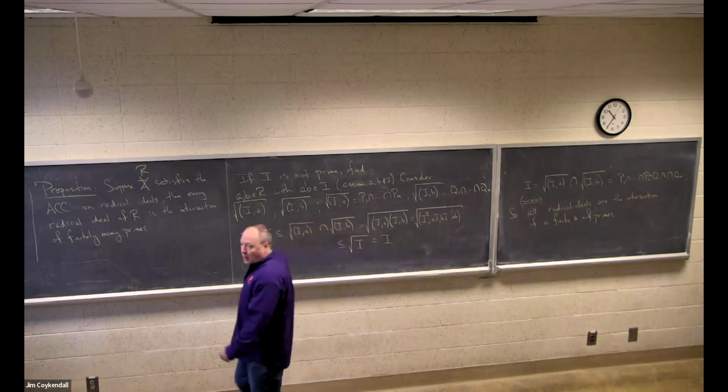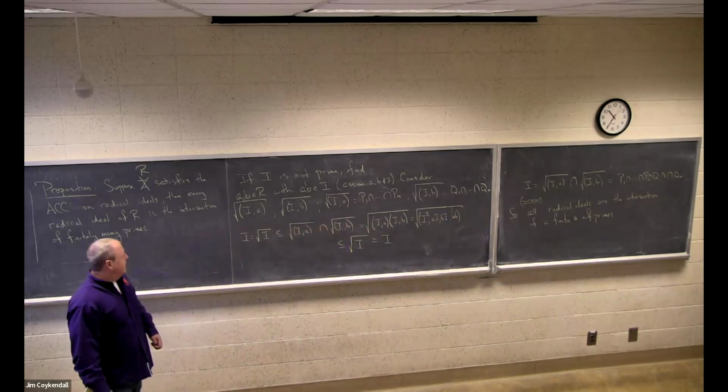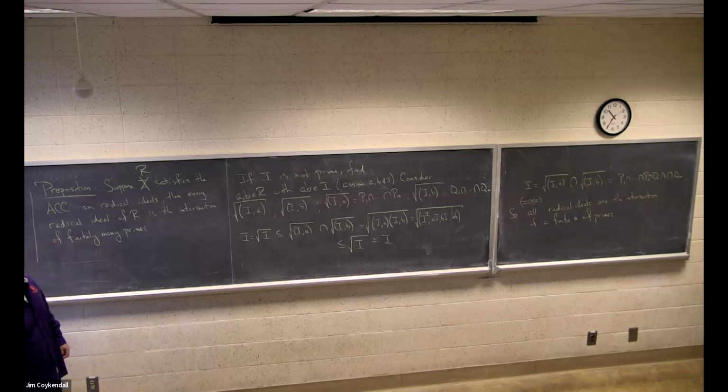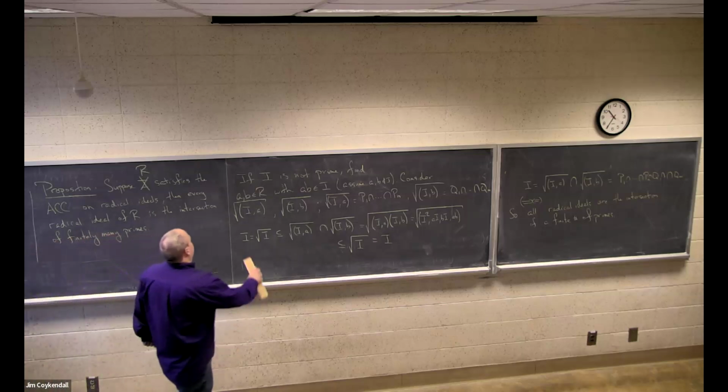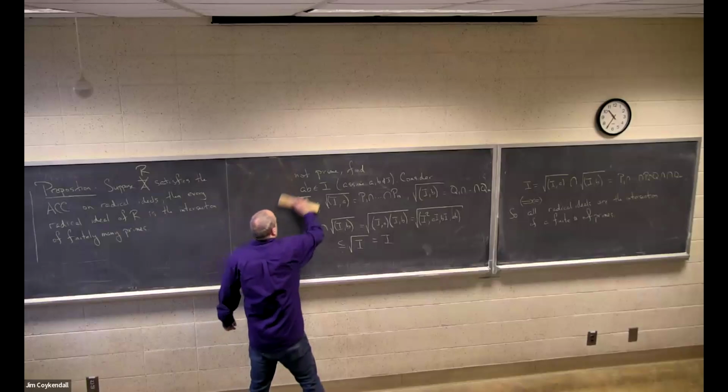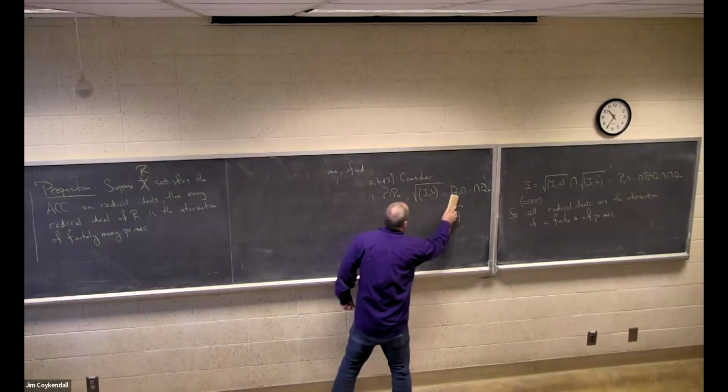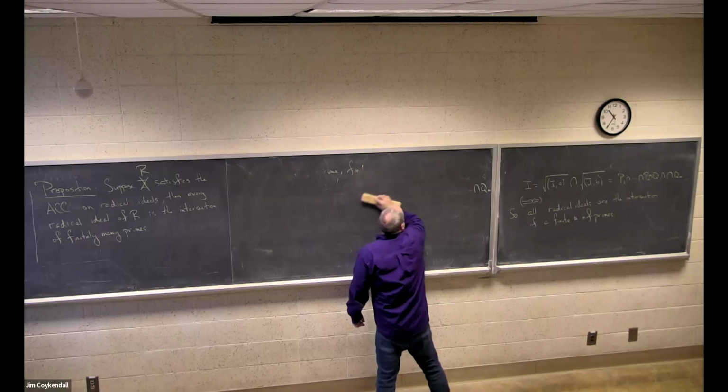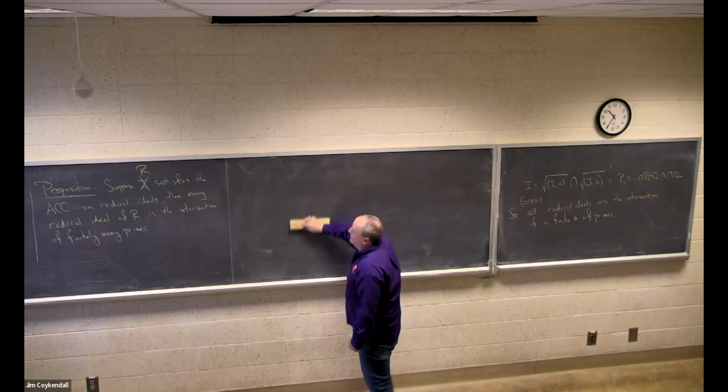Any questions on that? So Zorn's lemma wouldn't have been enough to get this maximal I, because otherwise this would be true for any ring with one, right? That we really needed ACC. Yeah, I see, that's right.